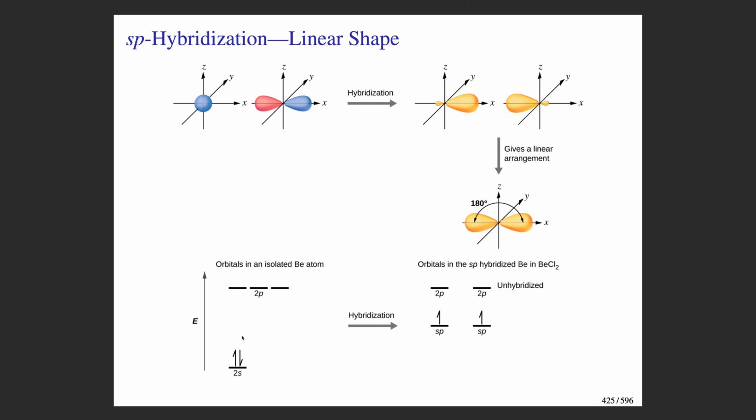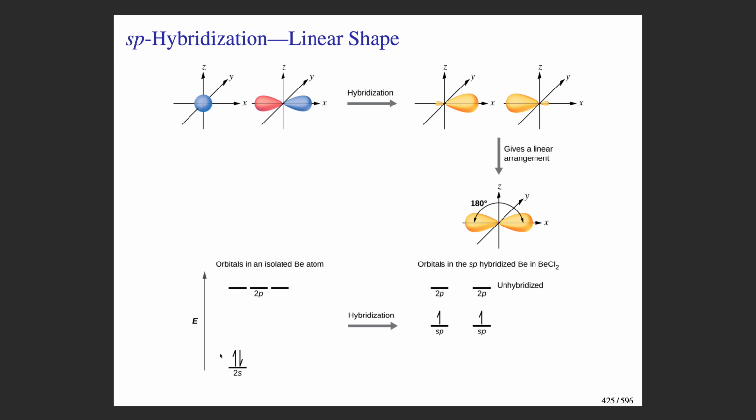So we're going to construct an sp hybridization, so we'll combine the s orbital and one of the 2p orbitals. That's going to make these new sp hybrids, and they have a bit higher energy than the 2s orbital and a bit lower energy than the 2p orbital. The 2p orbitals that we did not use, they remain unhybridized.